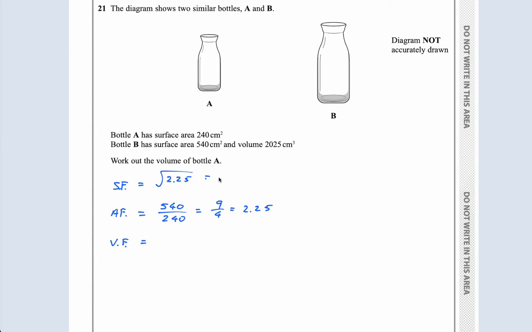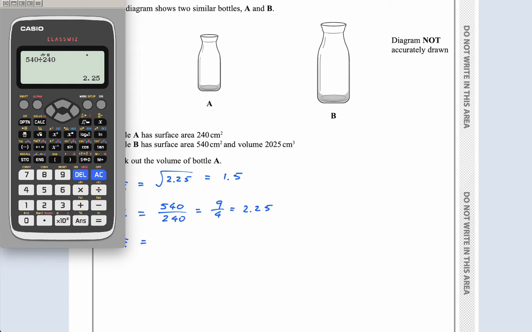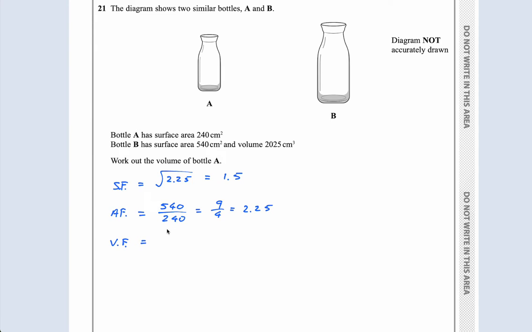Now, those of you who are super smart may note that this is the square root of 9 over 4, which is 3 over 2, or 1.5. But feel absolutely free to just get the square root of 2.25, and there you go. It's 1.5.